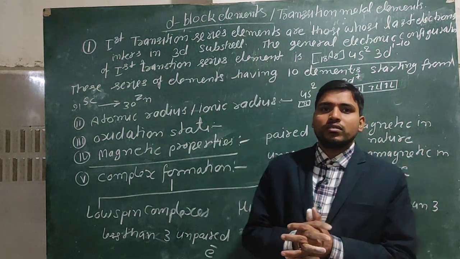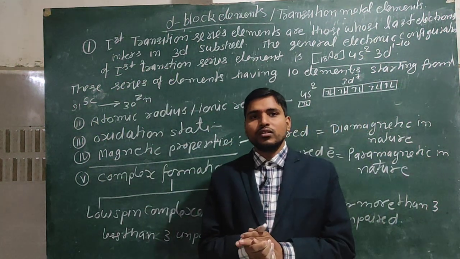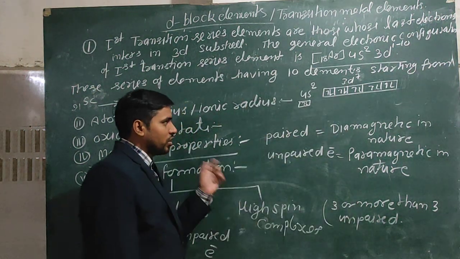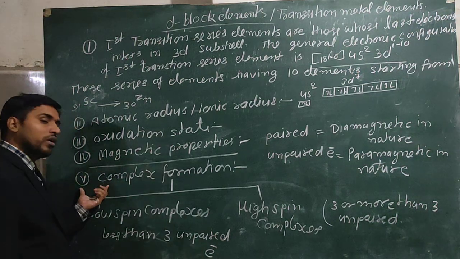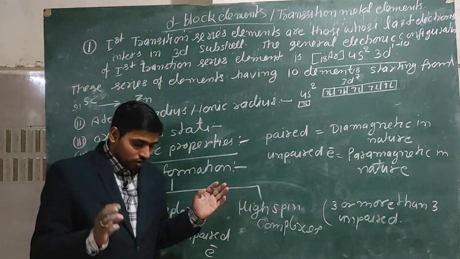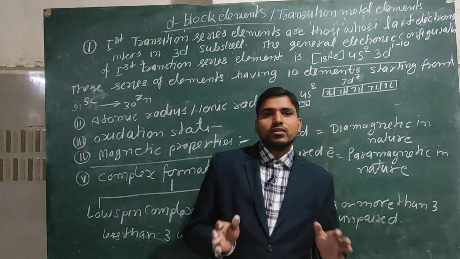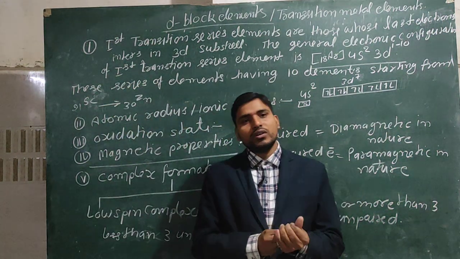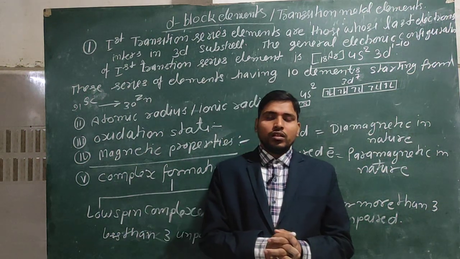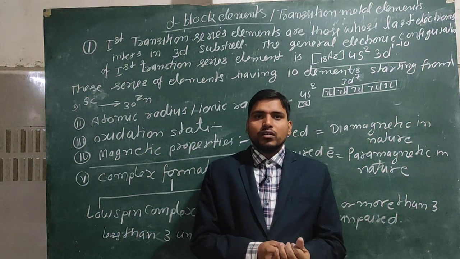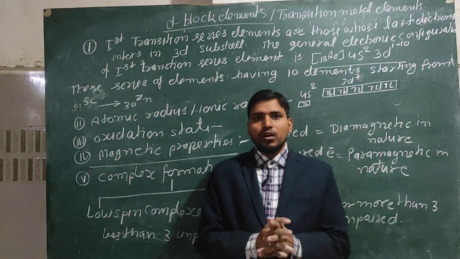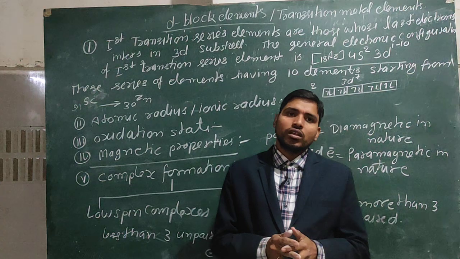But some complexes are colored and some complexes are colorless. Another property of these elements is that the 3d transition series can form colored or colorless compounds.